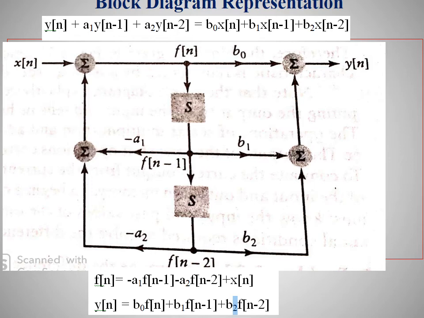Next, let us try to generate the values with respect to x of n. Already we have generated f of n minus 1 and f of n minus 2. Generating these two terms, we would be getting minus a1 f of n minus 1 after the first shifting element, and after the second shifting element minus a2 into f of n minus 2. These two are added because there is no subtractor block.